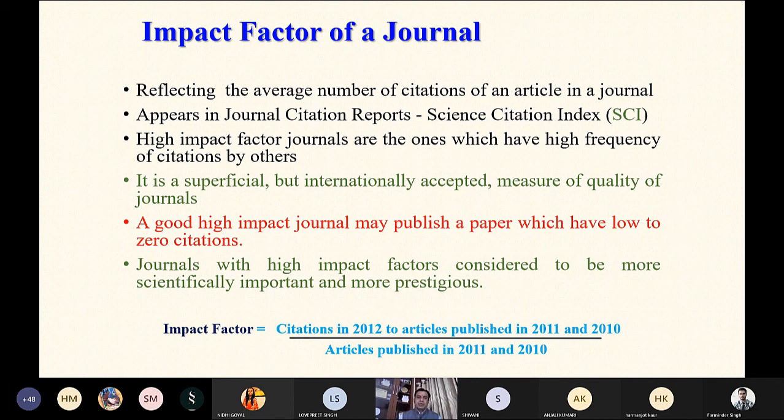One formula has been given at the end of this slide for identifying the impact factor of the journal.